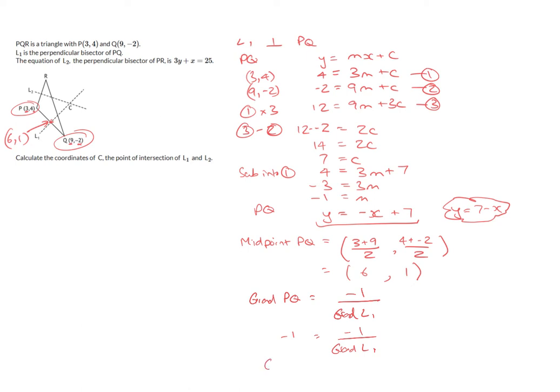So the gradient of L1 must equal 1. So what I have now is the midpoint of PQ, which is also on line L1, so this one here, and I have the gradient of L1, so I can use those to create the equation of the line L1.